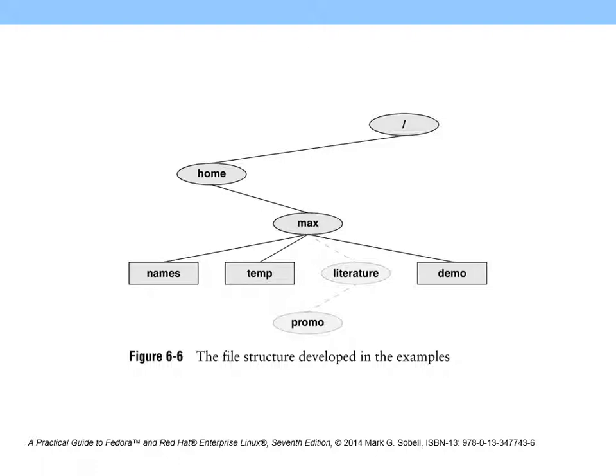Okay, file structure is developed in examples. We have our root directory, which is not root's home directory. You need to keep those separate. We have home. What is the home directory? That's where my documents, or my user, user S. Stokely, would be. Does that make sense?